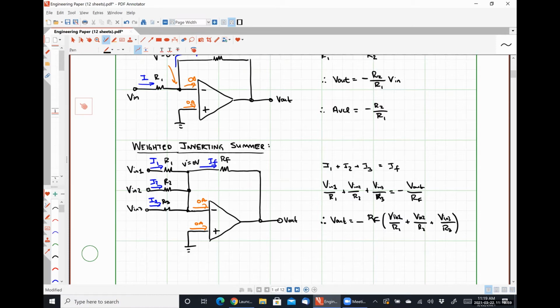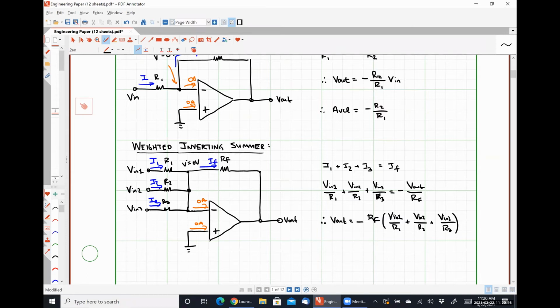I can't really describe a closed loop voltage gain for this system because there are multiple inputs, but I could describe it for each input and it would simply be negative RF divided by the resistor attached to that input.